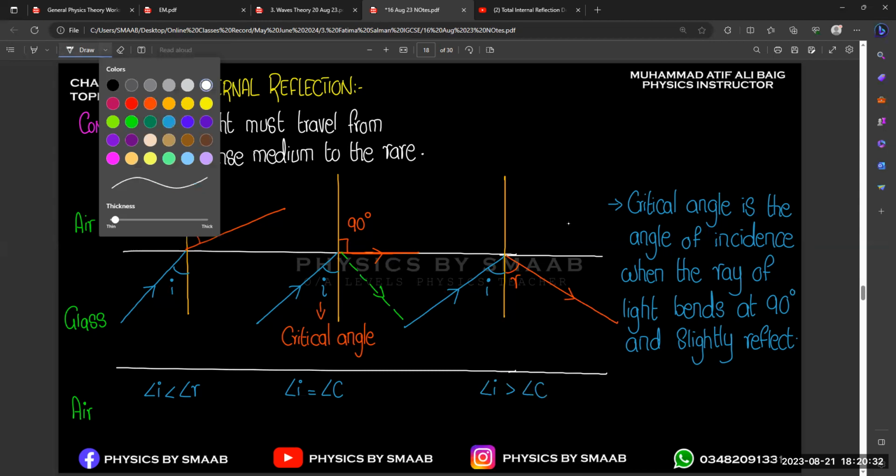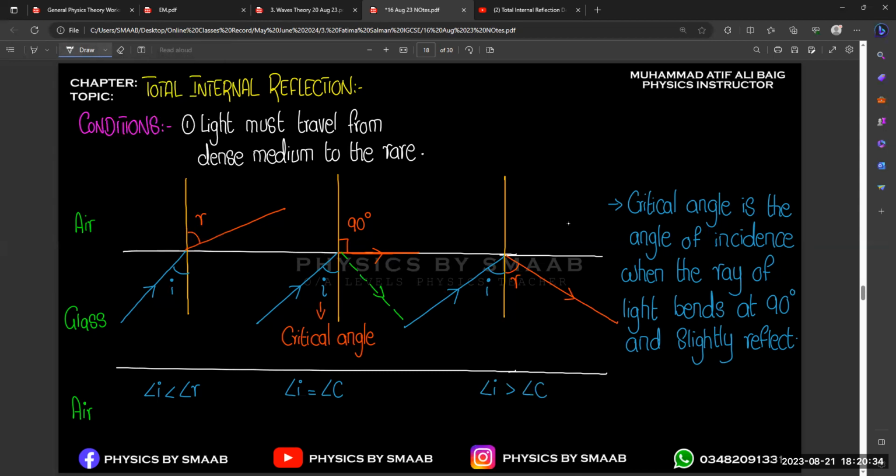And this is the second condition of total internal reflection also. We can say that the angle of incidence must be greater than the critical angle.